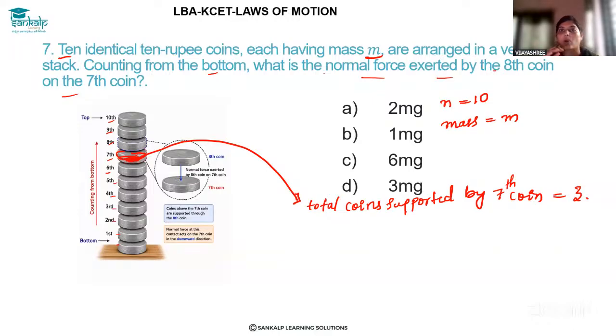Let us see what the contact force is. The contact force between the 8th and 7th coin is equal to the weight of all the coins above the contact surface.